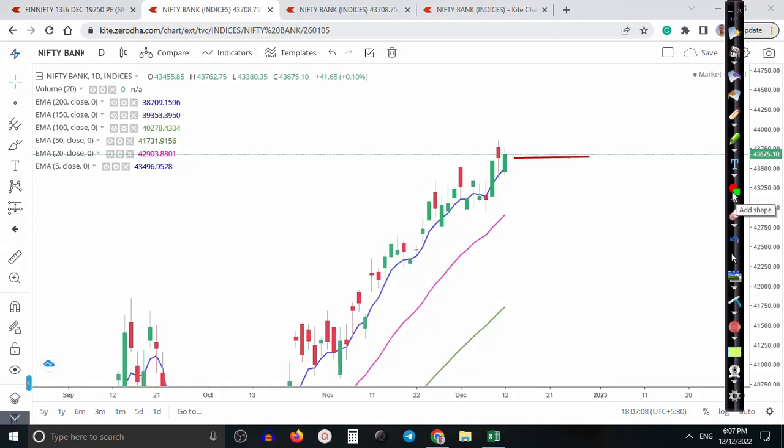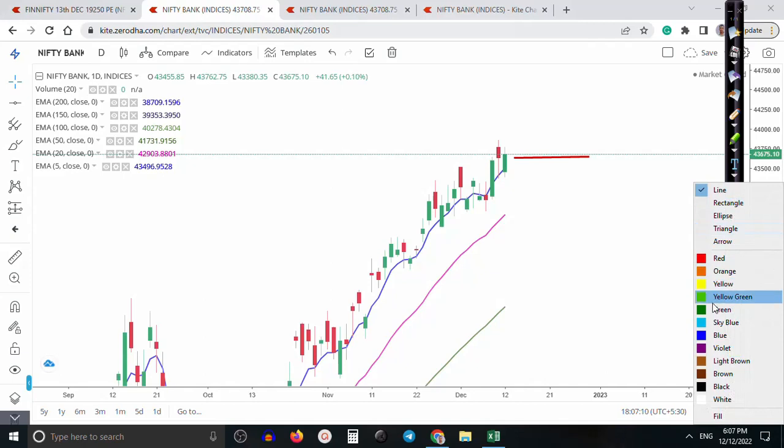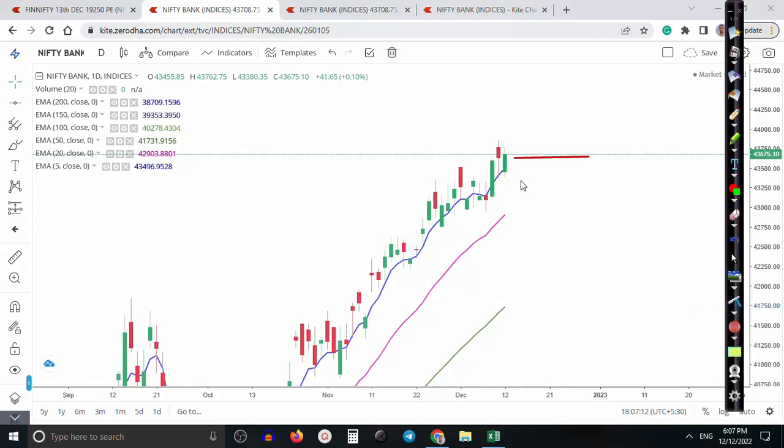Let me change the color. If price goes to this level, it will be indicated by standard deviation like that, and then like that, and the upper side has three standard deviations. We are using three lines. For example, this is the mean line, and these are support one, support two and support three.